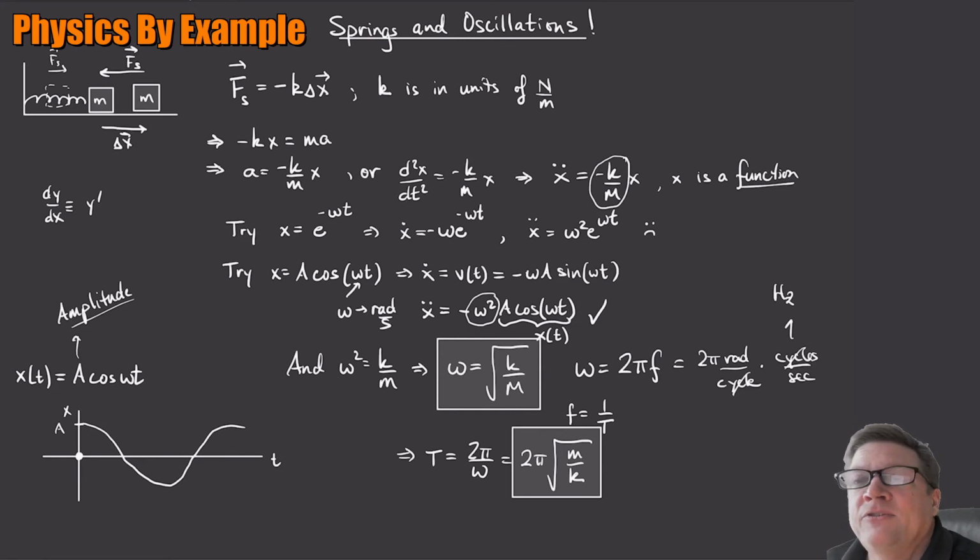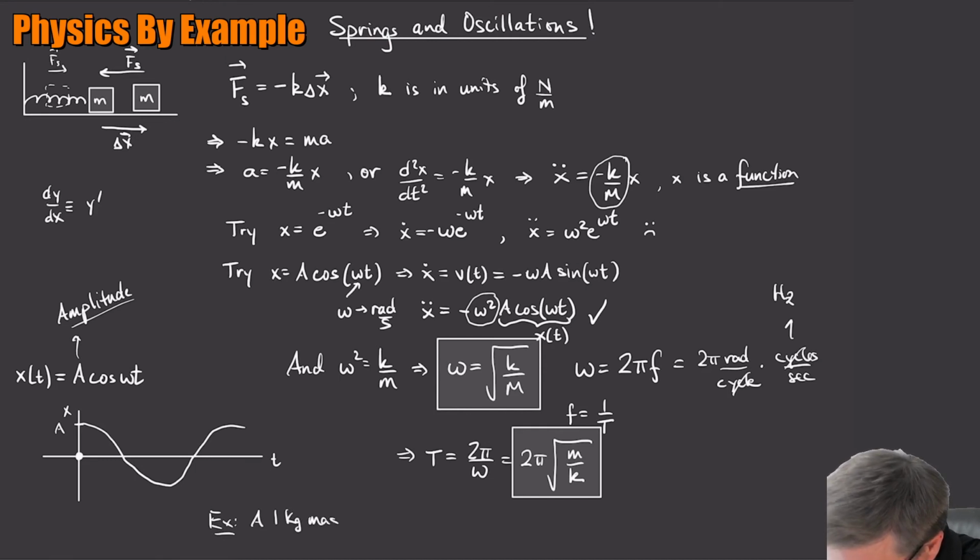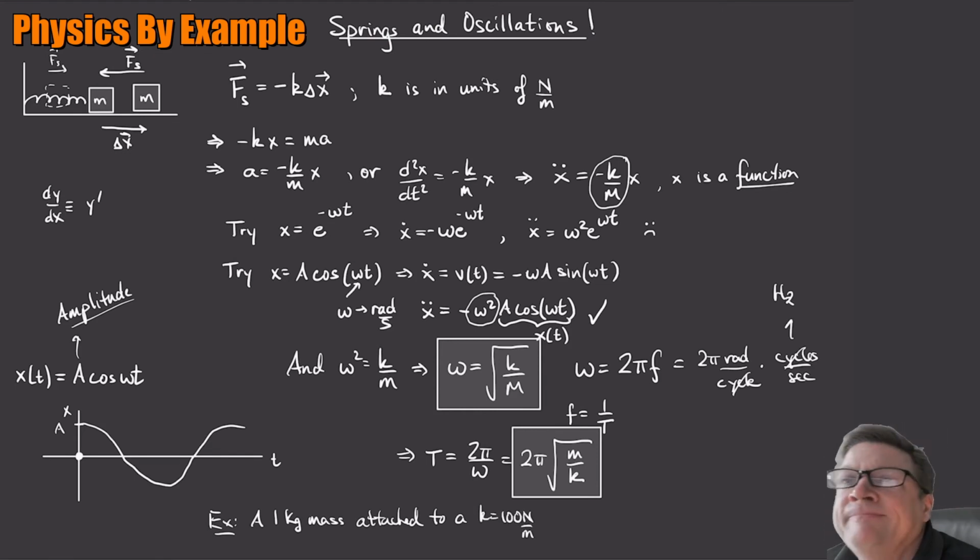All right, and so just to get a feel for how all this stuff works, as an example, a 1 kilogram mass attached to a, let's see, what kind of spring should we use? Let's do k is 100 newtons per meter. That's the stiffness of the spring. So what would the period of such a thing be?